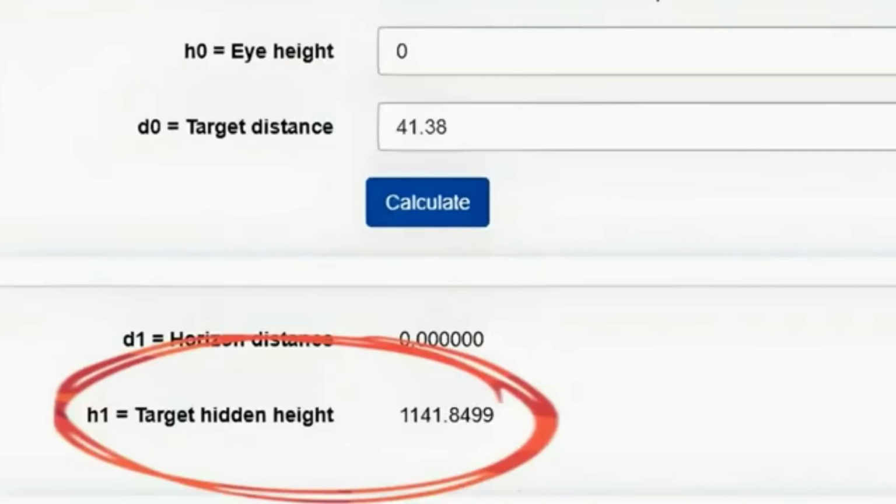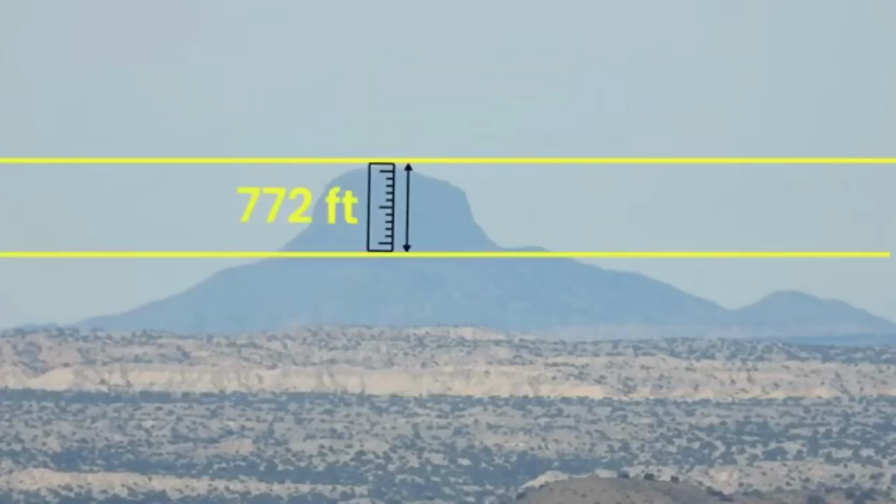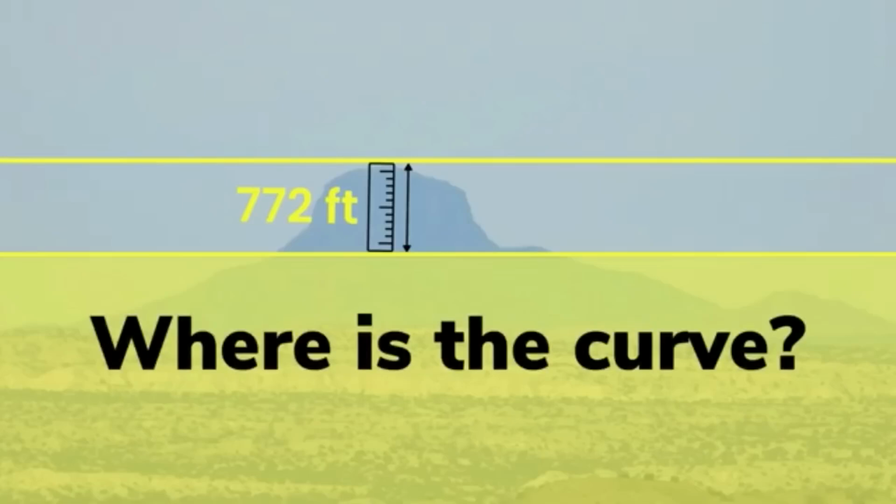The target hidden height, H1, becomes 1,141 feet. 1,913 minus 1,141 equals 772. We should only be able to see the top 772 feet of Cabezon Peak. No curvature is observed.